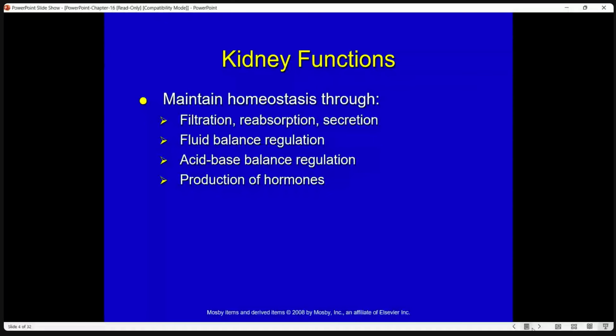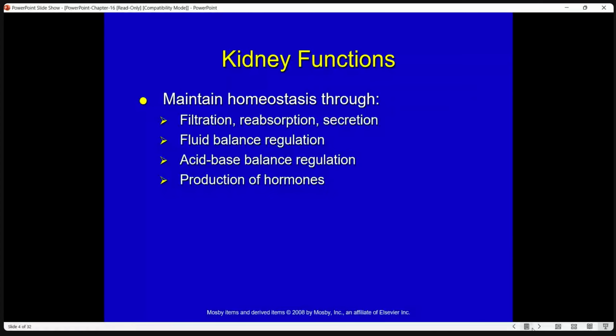For example, if I say that your blood pressure should be around 120, plus or minus 20, so if the ideal blood pressure is 120 and it goes to 130, it is the kidney, one of the organs, which is supposed to help in returning it back through different mechanisms like filtration, reabsorption, secretions, fluid balance, acid-base balance regulation, and production of hormones.